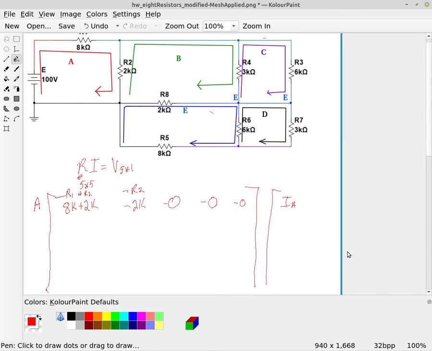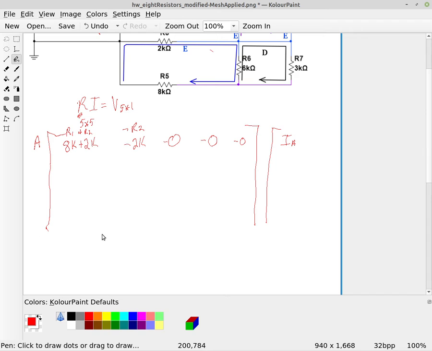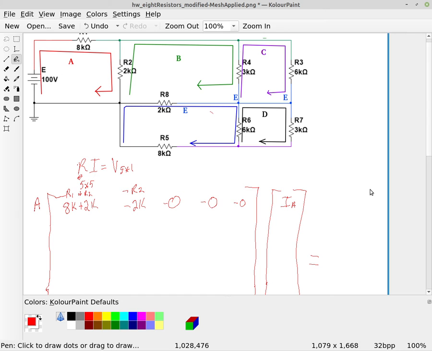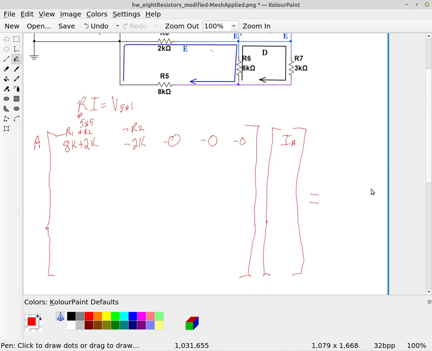And let me see if I can scroll down here just a little bit and finish this matrix, but leave plenty of room so I can fit it all on here. So that's going to be our IA, and then that of course is going to equal our voltage. So we're going to have our voltage there, and so we look and see what voltage sources we have in the mesh analysis.